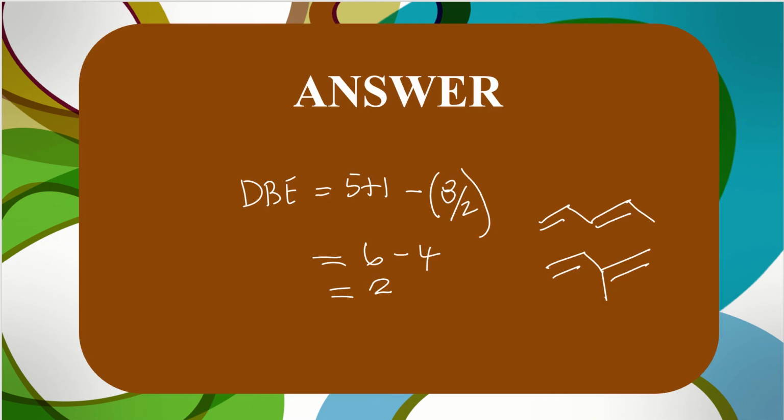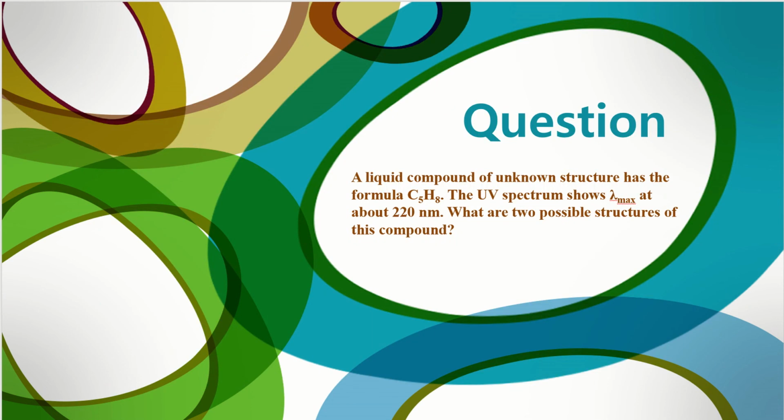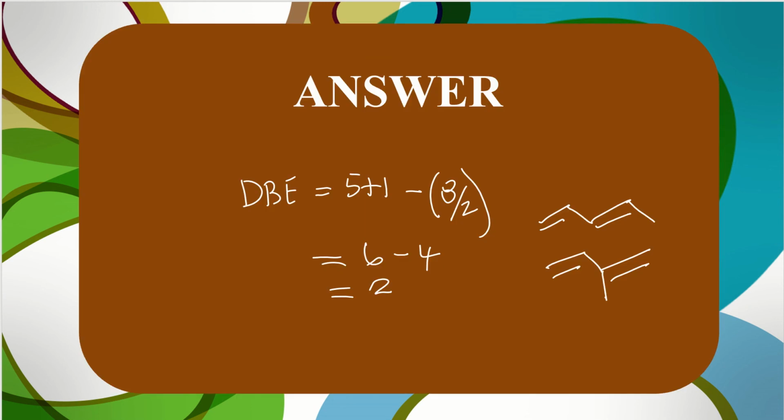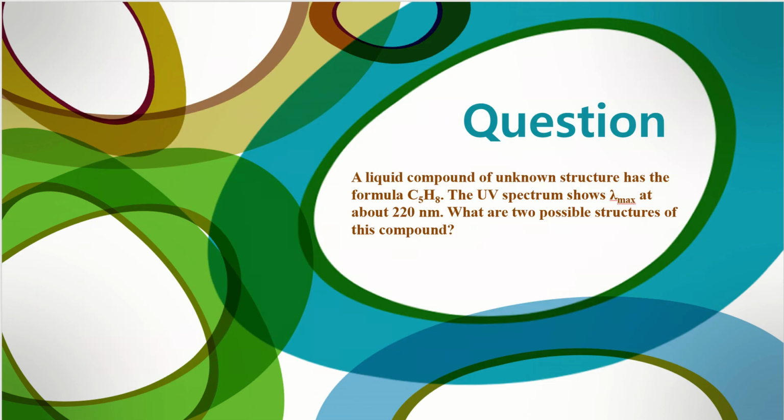All right, so firstly, you want to calculate the DBEs. I don't have the formula for it here, but you should know it based on previous lectures. So you want to calculate the DBE, and it works out to be 2. That information in combination with the fact that you have a lambda max of 220 nanometers should tell you that you have some type of a conjugated system.